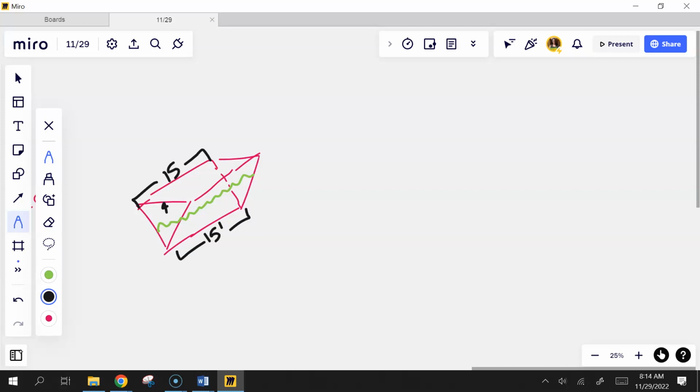Its ends are isosceles triangles with height of 3. So they say from here to here is 3. Then let me just pull this triangle out so you can see. That might help us. This is my triangular end. This is 3 and this is 4. Okay.